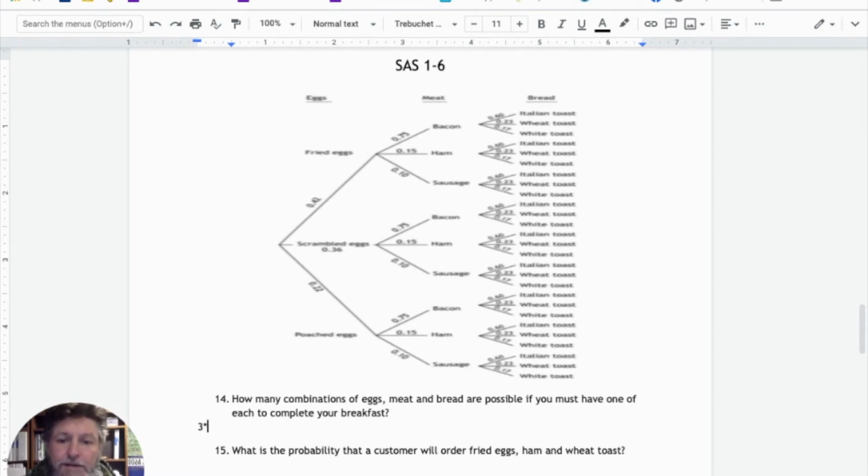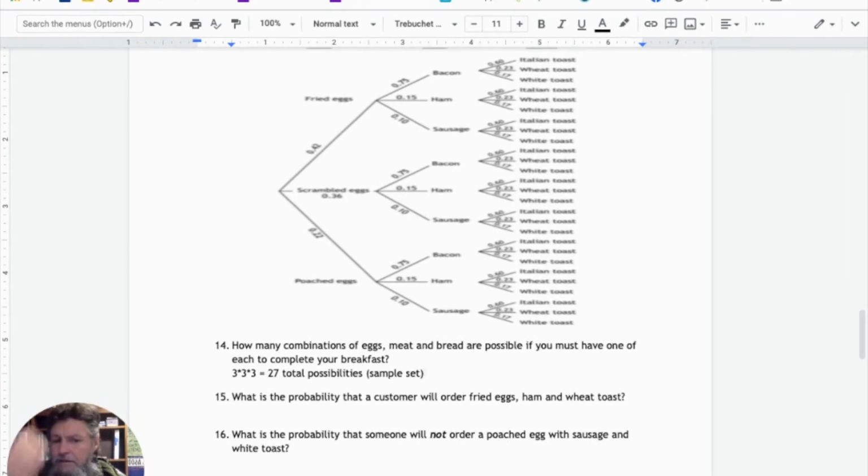So it's 3 times 3 times 3, which is 27 total options, all right, or possibilities. Which is called the sample set. Total number of possibilities is defined as a sample set. All right. Highlight that so you know it's correct.